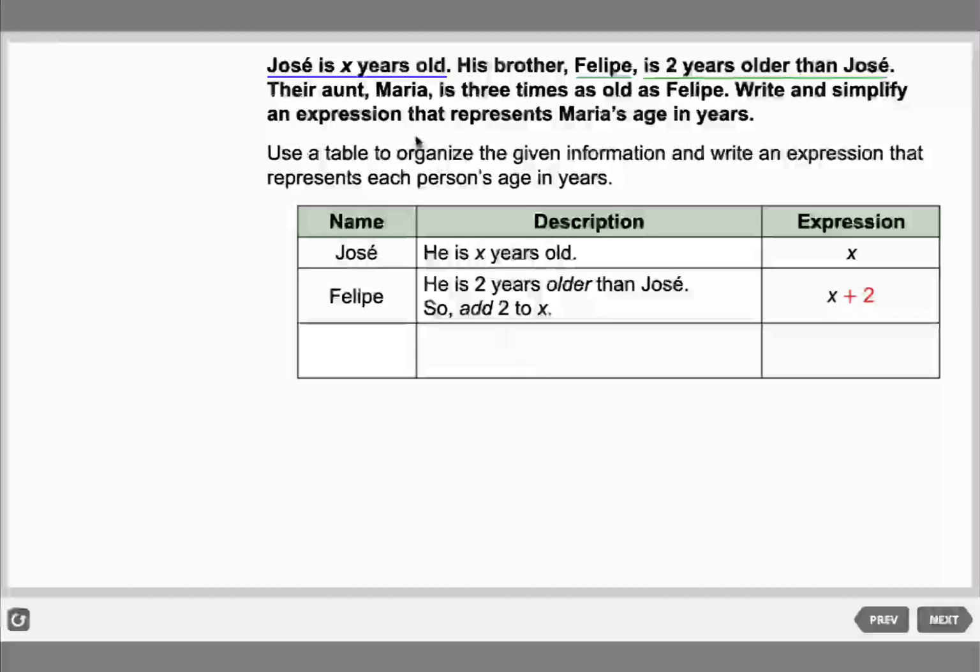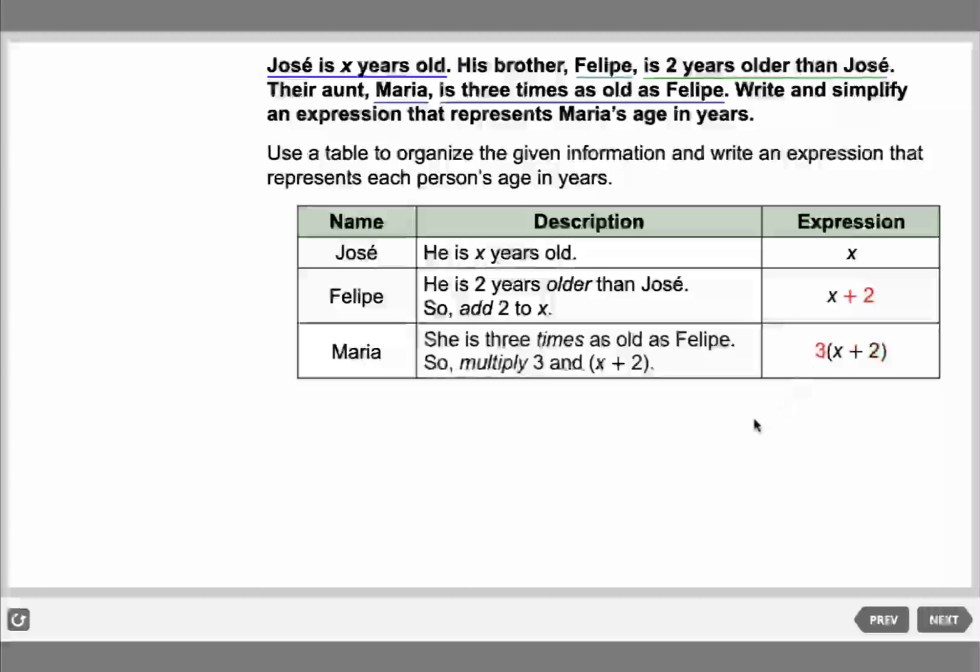Now we have Maria also. And her age is 3 times as old as Felipe. So what is the meaning of 3 times as old as Felipe? We should multiply 3 by the age of Felipe, which is x plus 2. So we need to multiply 3 by the quantity x plus 2. And now, let's simplify the expression that represents Maria's age.